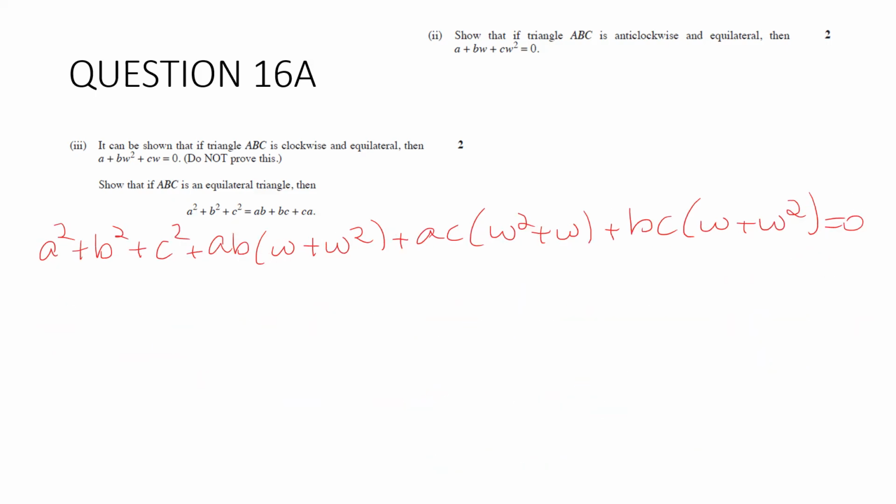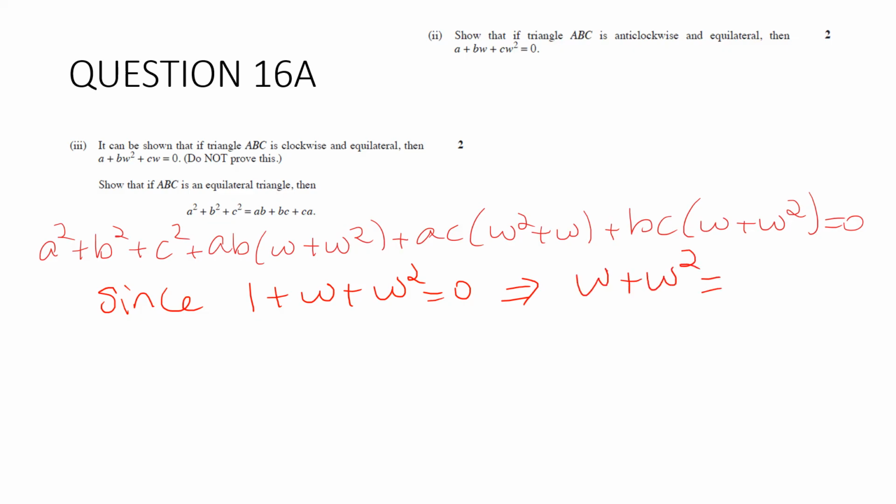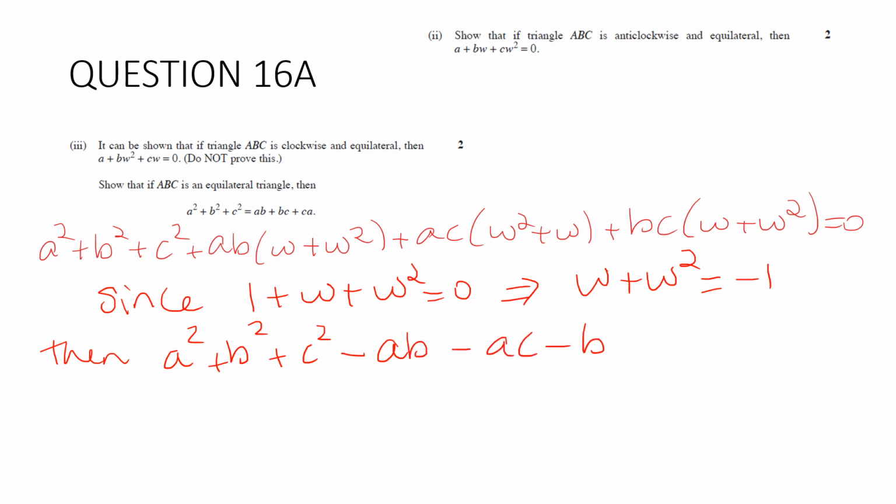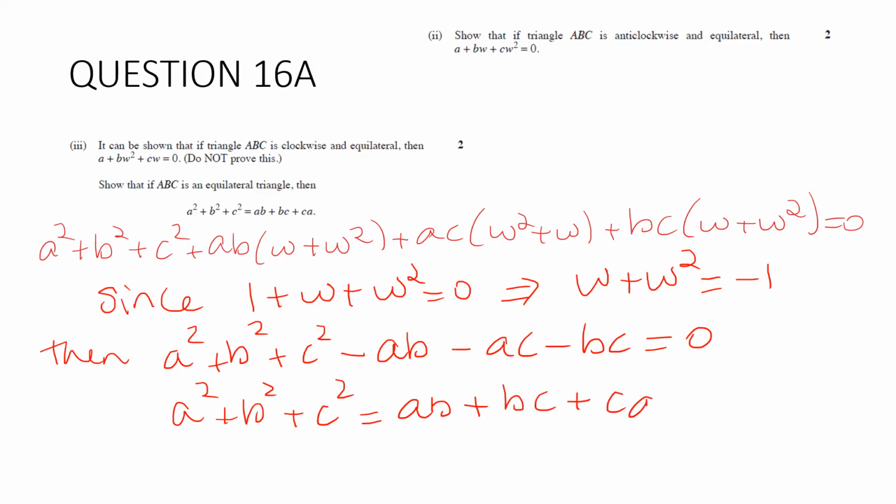Now since 1 plus w squared is equal to 0, which of course means that w plus w squared is equal to -1, then A squared plus B squared plus C squared minus AB minus AC minus BC must be equal to 0. And so A squared plus B squared plus C squared is equal to AB plus BC plus CA.